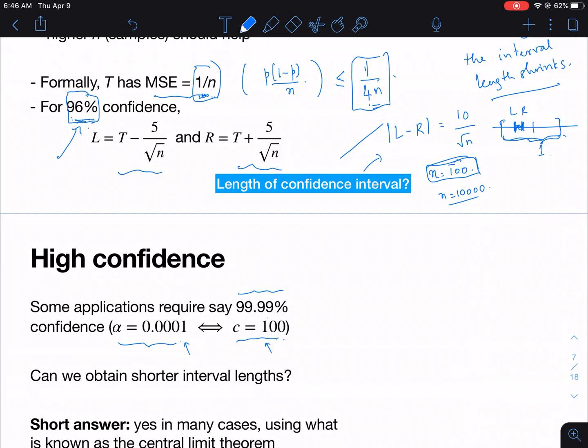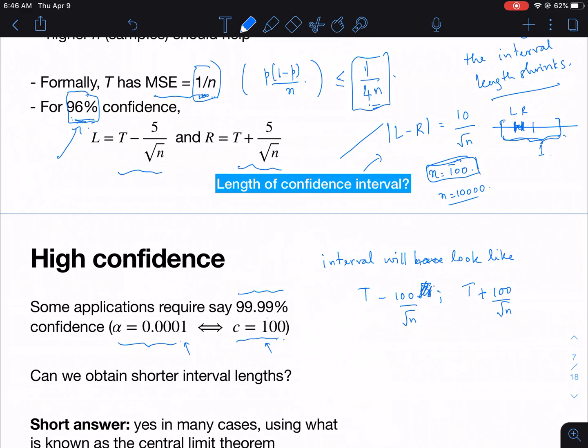Then my interval will look like t minus 100 root gamma by root n and t plus 100 root gamma by root n. And this is pretty bad, right?